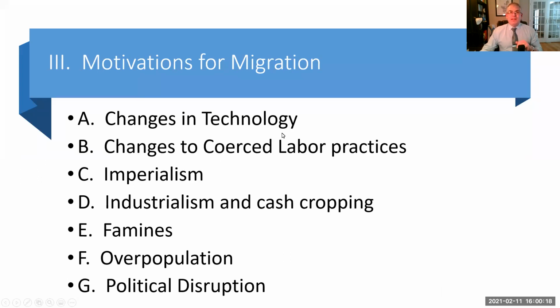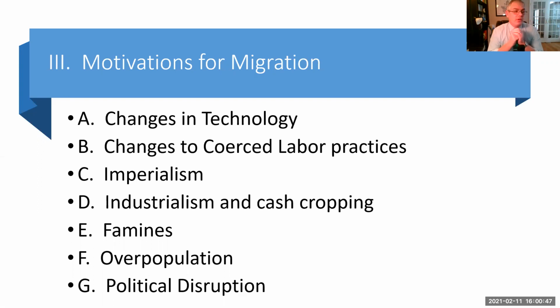Now, for the big thing, why is there this migration in the 19th century? So, if you think of it from a human history perspective, the movement of people across the globe is accelerating in the 19th century. And the reason that's able to happen is because of the changes in transportation technology. Steamboats and railroads are going to allow people to travel farther, much greater distances.